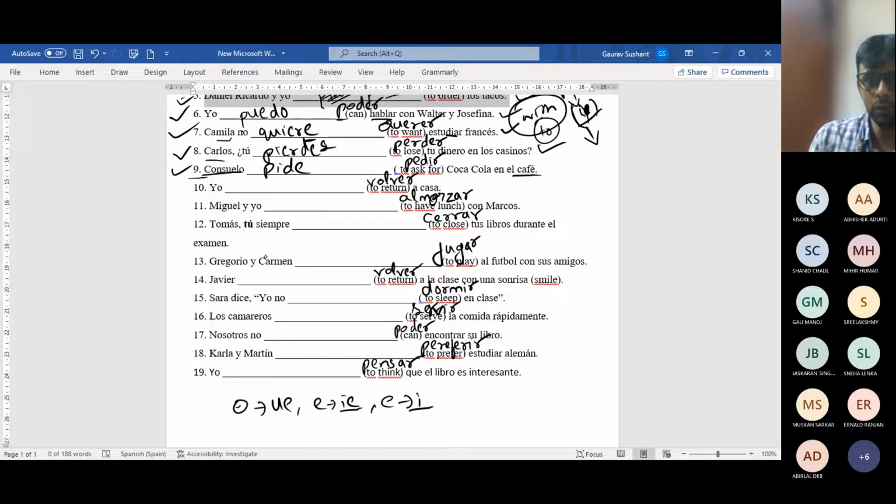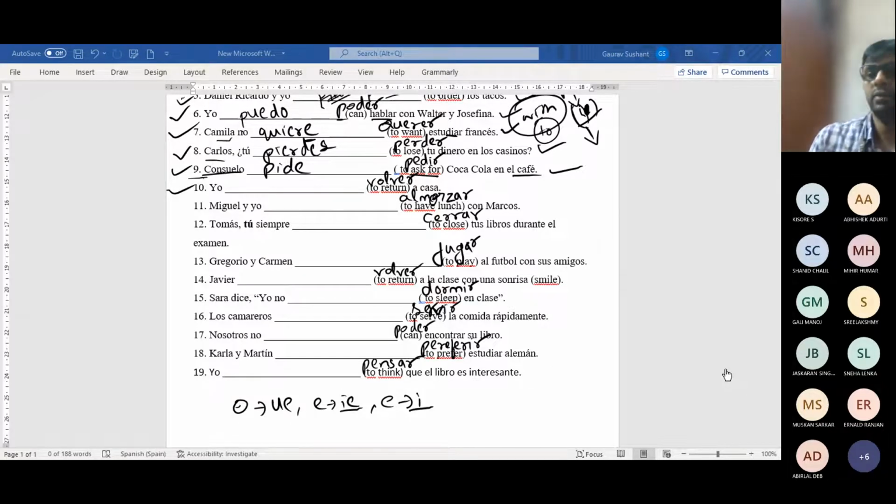Asked will not be used, asks will be used. Consuelo asks for Coca-Cola in the cafe, or in the cafeteria. Okay, thank you.